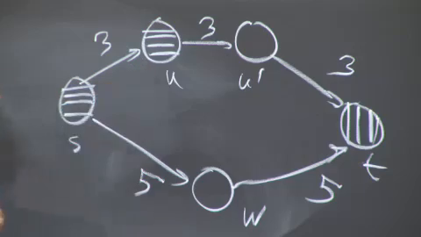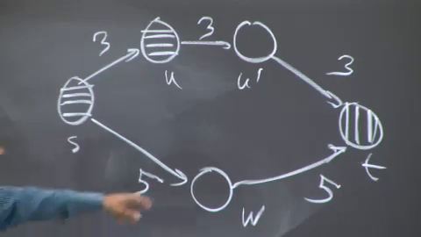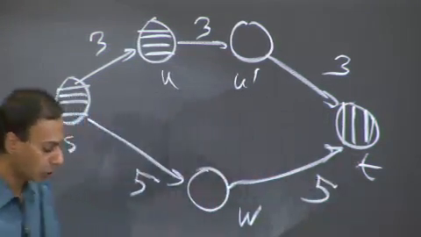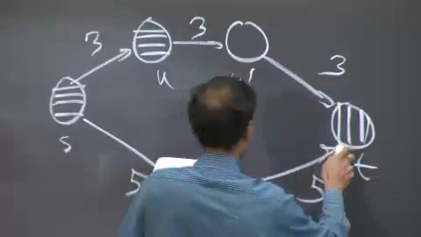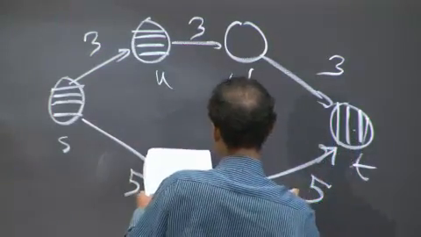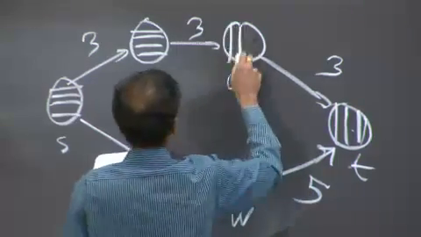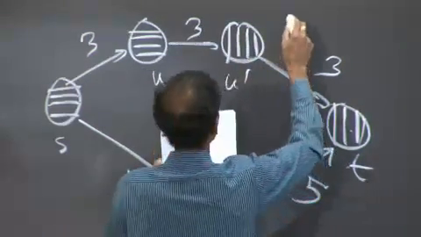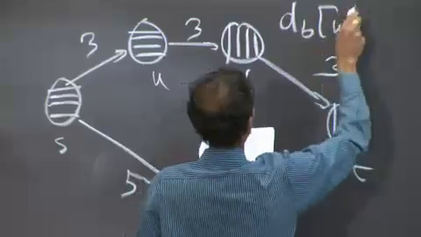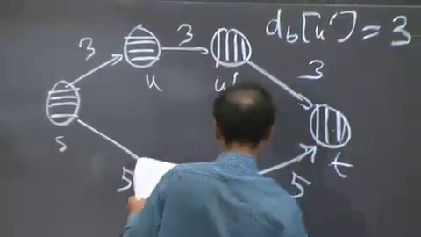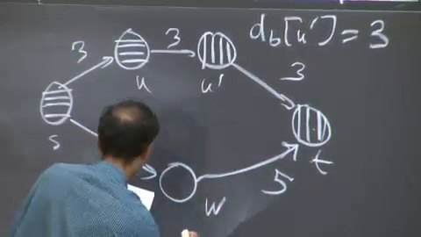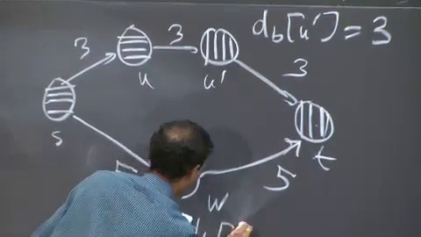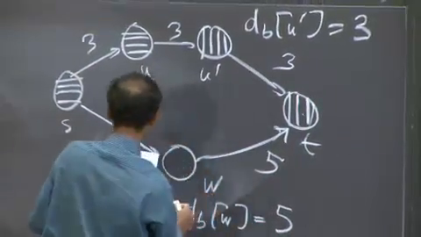The hash horizontally means that it's been removed from QF. The hash vertically means that it's been removed from QB. And so when I look at this and I do a backward search, I'm going to hash this, and I'm going to set dB of U prime equals 3. And I have dB of W equals 5.